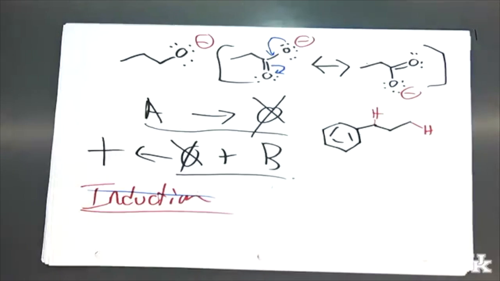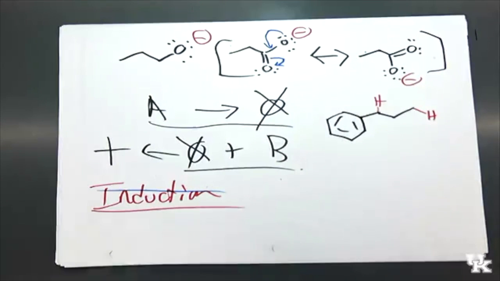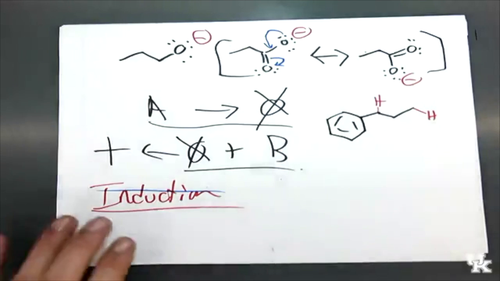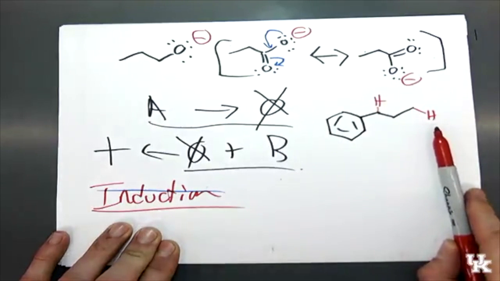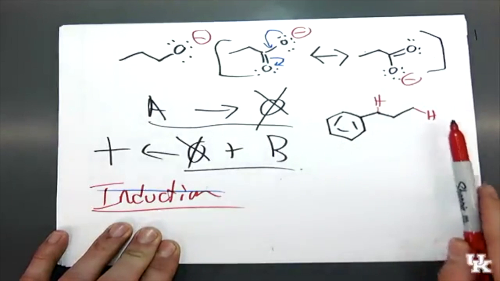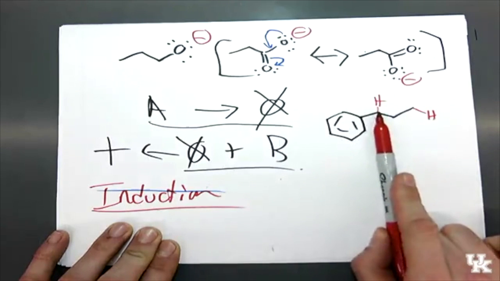Or, let me put it another way, which conjugate base is the least basic or most stable? Give you a second to think about it. Okay, in your minds, who would guess this one? All right, what about this one?